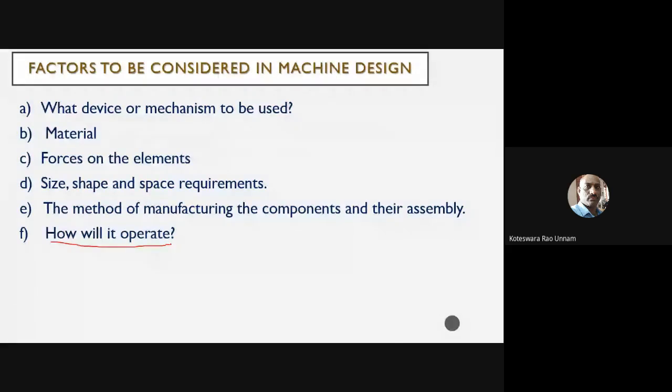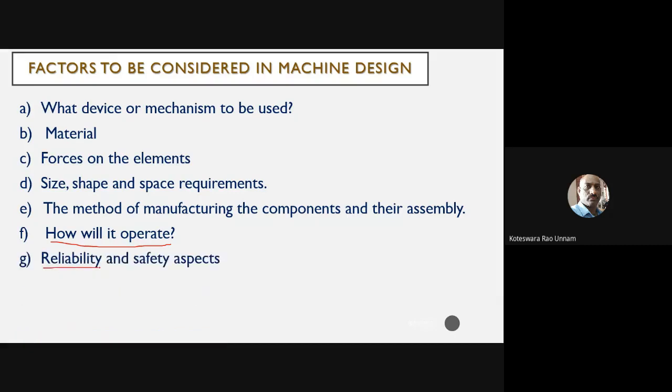To overcome those energy losses and improve the efficiency, some kind of lubrication is required to operate this machine. Those things also need to be specified or considered before designing the machine. So that is also one of the important factors to be considered while designing machine components.